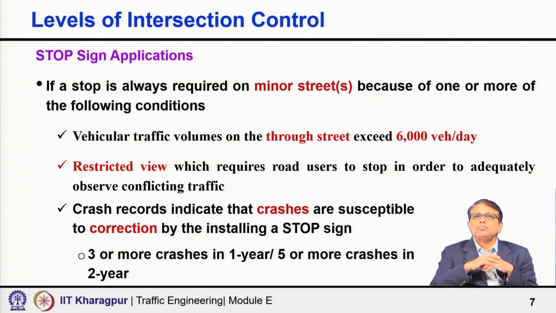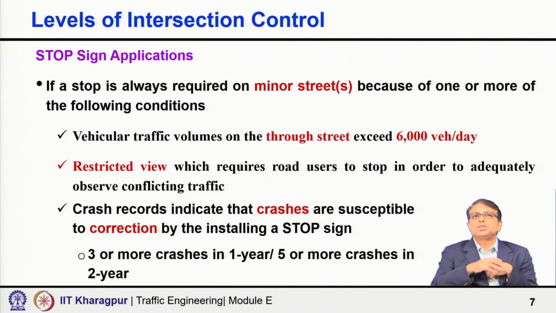Third, as I say, safety is a major consideration for installation of a stop sign. So, if the crash record indicates that crashes are susceptible to correction by installing a stop sign, then you must prefer stop sign application.